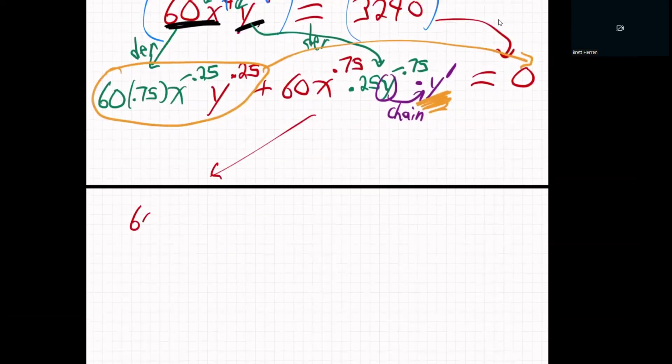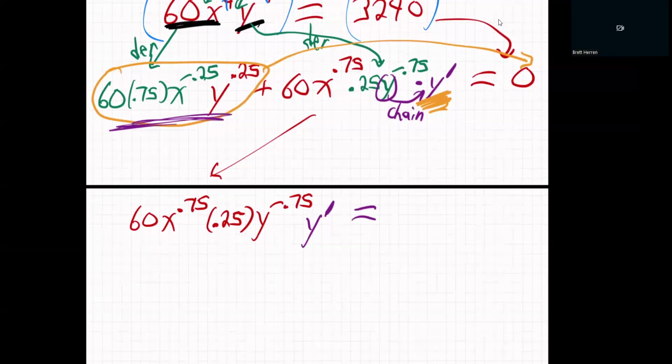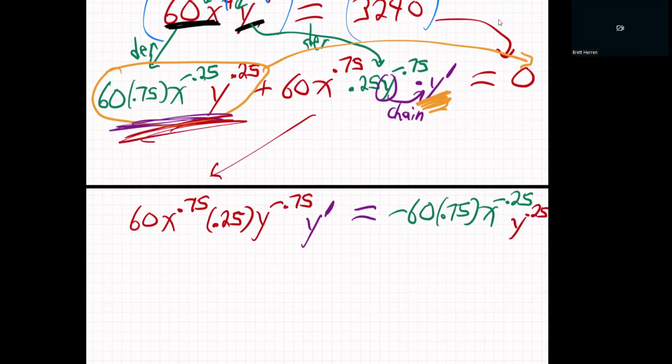So this will be 60x to the 0.75 times 0.25 y to the minus 0.75, and then the y derivative equals, and this term goes to the other side and becomes negative: negative 0.75 times 60 x to the minus 0.25 y to the 0.25, right? Moving it to the other side makes it negative.